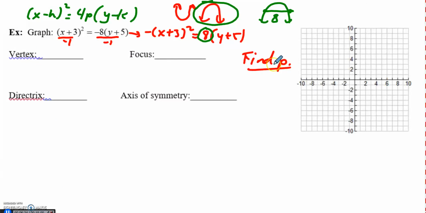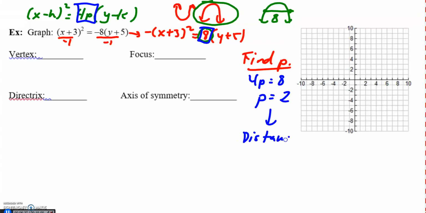So if I go back to this, I notice that 4p is in the same position as this 8. So I can set 4p equal to 8, get p equals 2, and this represents the distance from the vertex to the focus and the directrix.